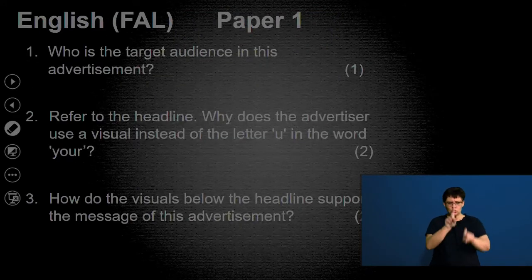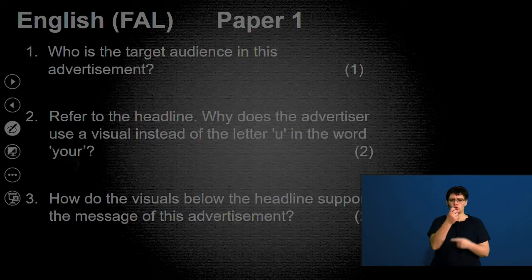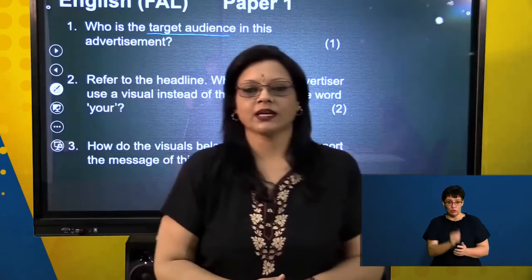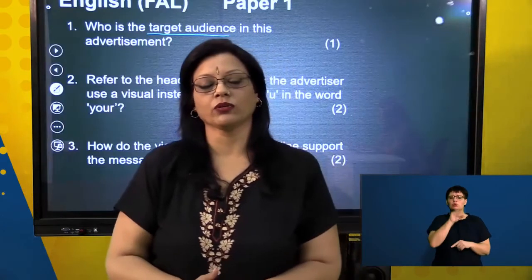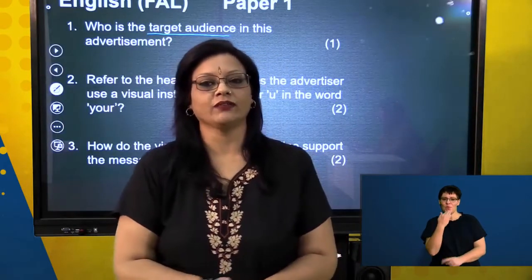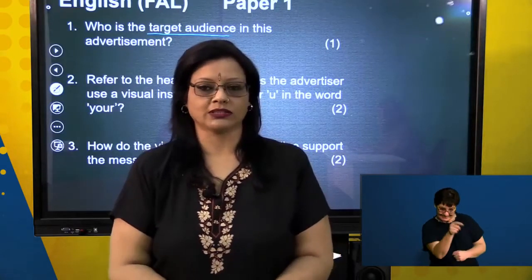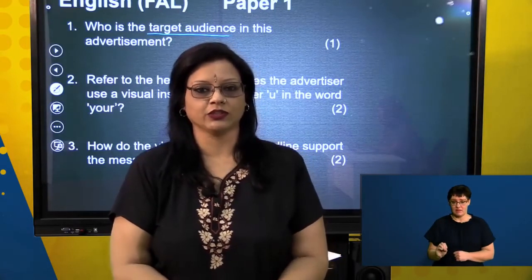So question 1, who is the target audience? If you remember, when we started, we spoke about the target audience. Obviously, the advert is created with a target audience in mind. So it's targeting a specific individual.